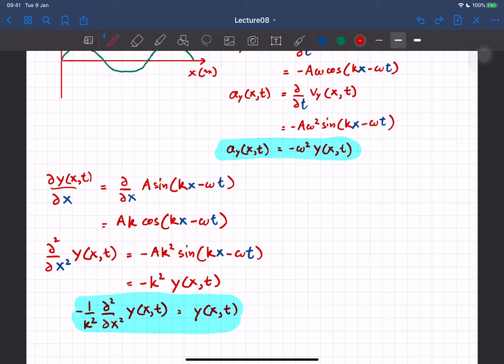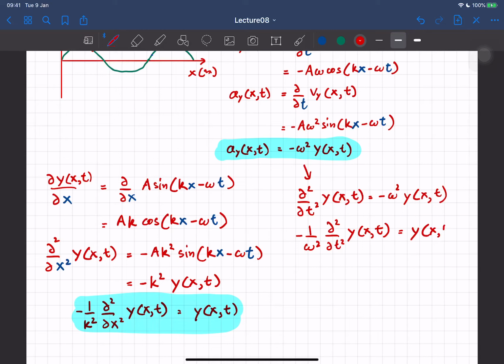Okay. So what is this? This one is the acceleration in the y direction. If we write it down fully, the second time derivative, d by dt, well, second derivative of y(x,t), equals minus omega squared times y of x and t. So if I do the same thing, I divide everything by minus omega squared, I get something like this, equal to y(x,t).